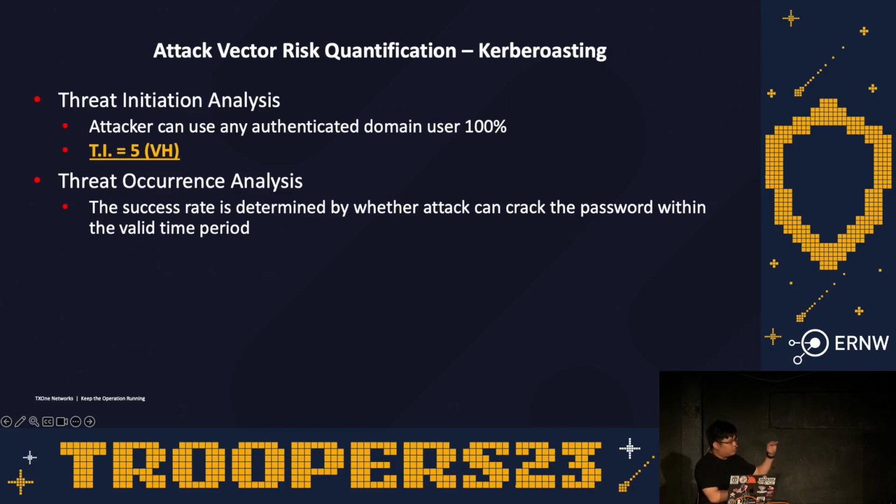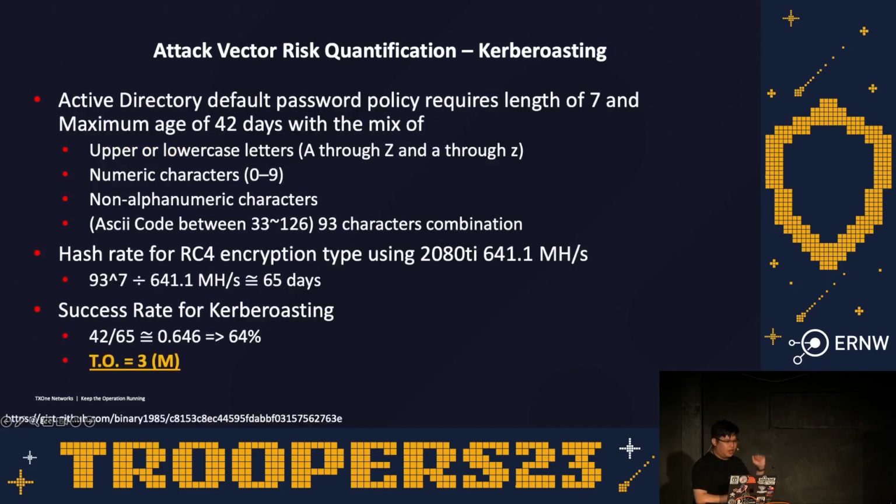So we need to analyze different parts, and we narrow down based on the objective. We say based on the default domain configuration setting. For the configuration setting, we assume the default password policy has a length of 7, and the password needs to be changed every 42 days.